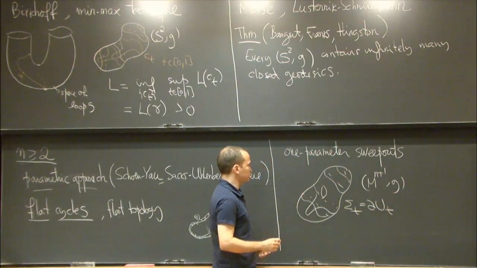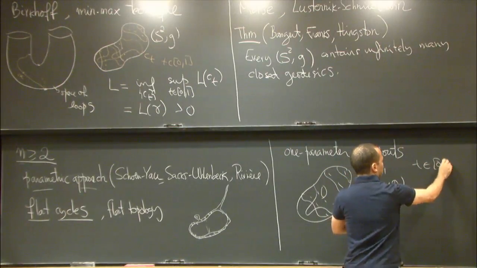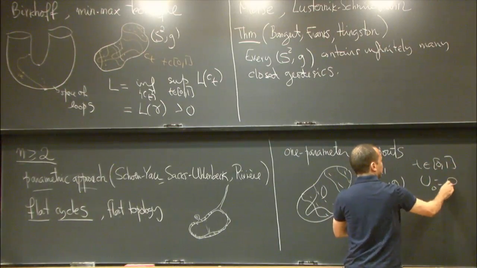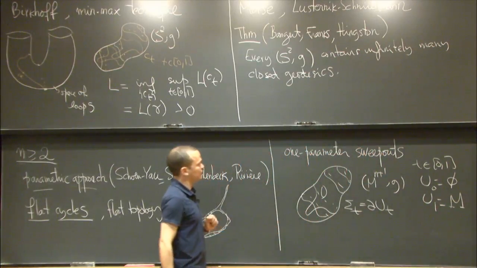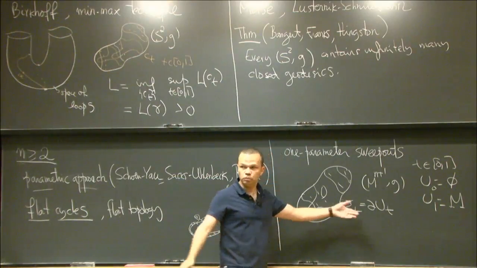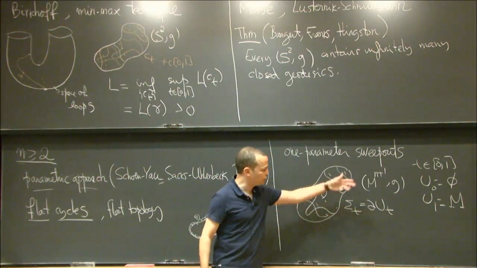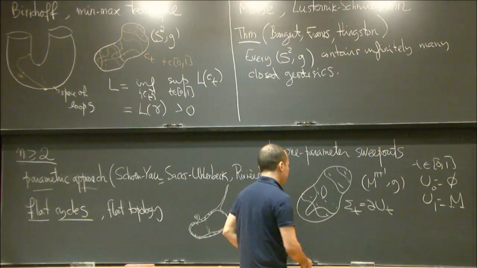And the condition of being a sweepout is that you have to start, say, with t between 0 and 1, with the empty set and end with the whole manifold. Okay? And then, of course, for instance, one example is you choose your favorite Morse function, then you consider the level sets of that Morse function.